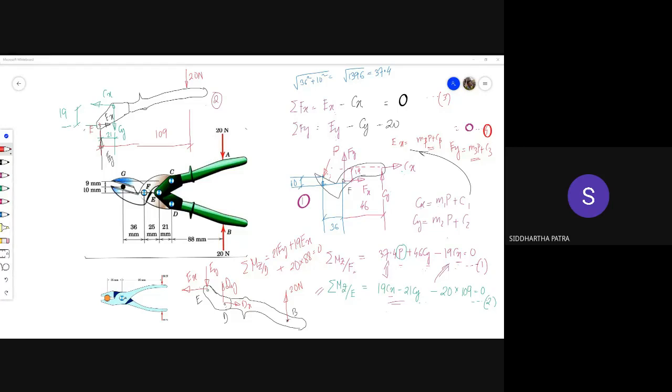Okay. So in that case, I don't know. So you can recheck your solution, both of you. I don't know which one is correct. And yes, as you mentioned, Cx could also be 0.